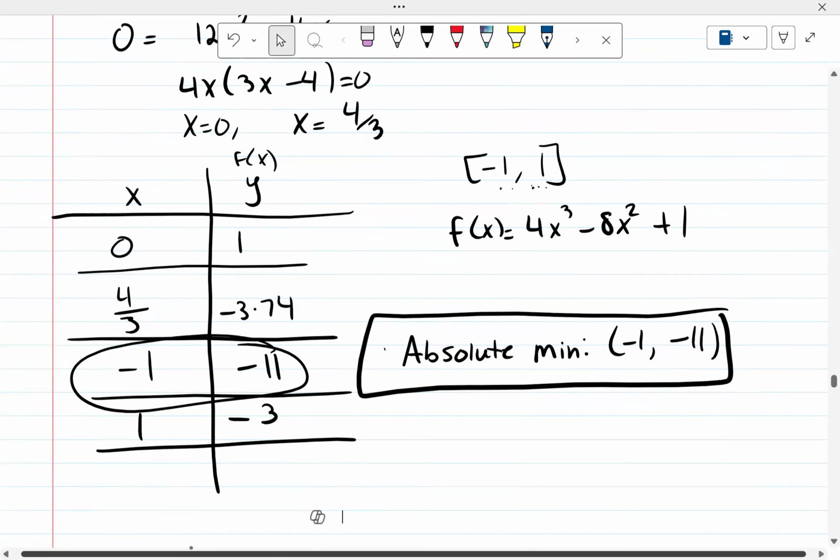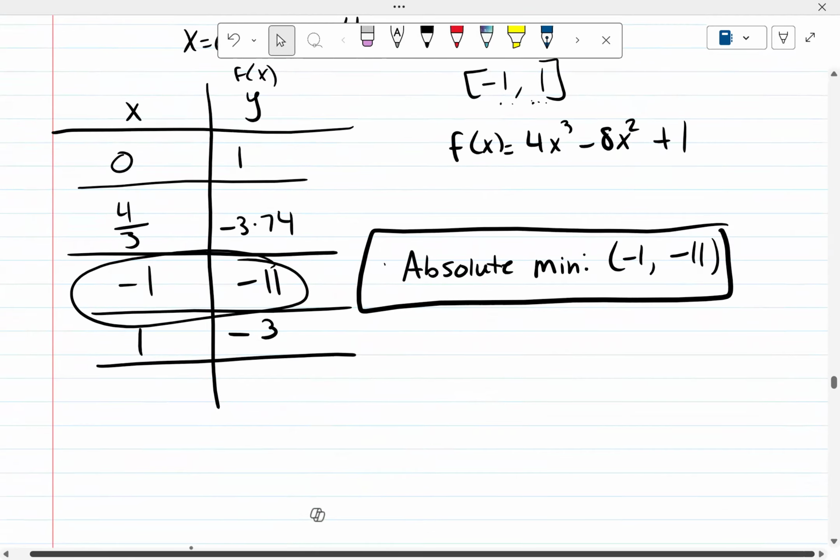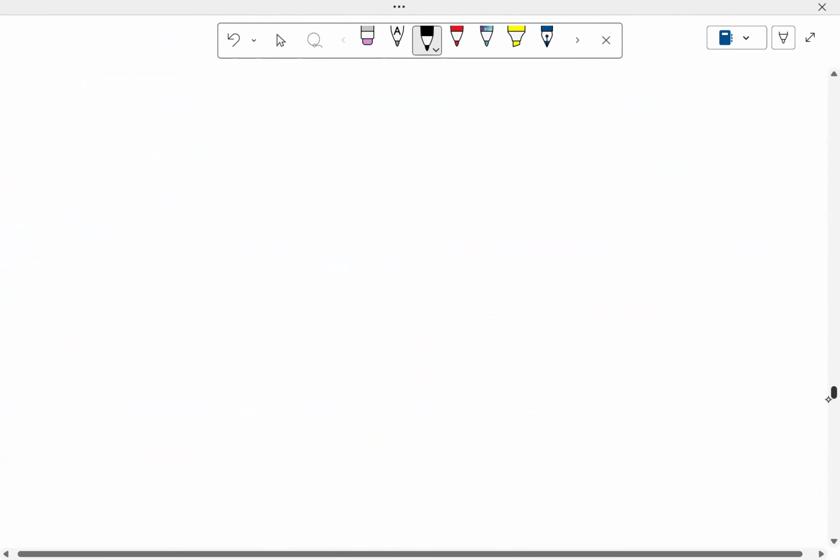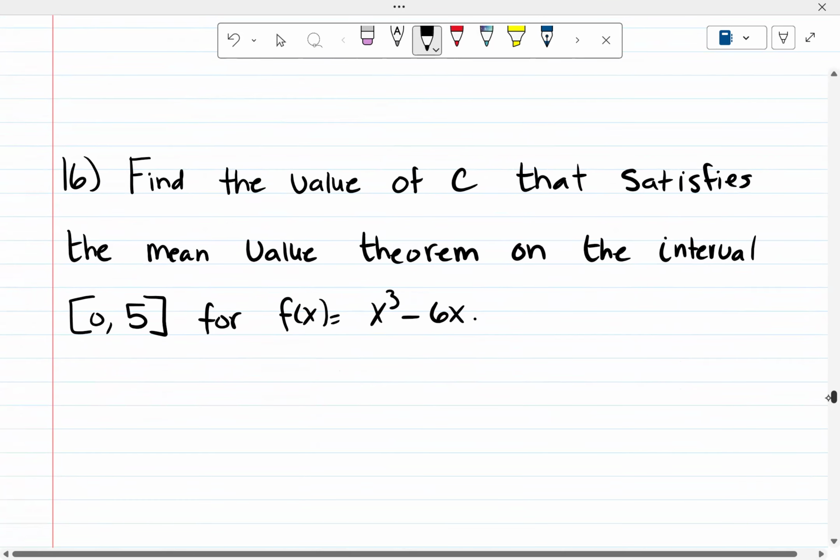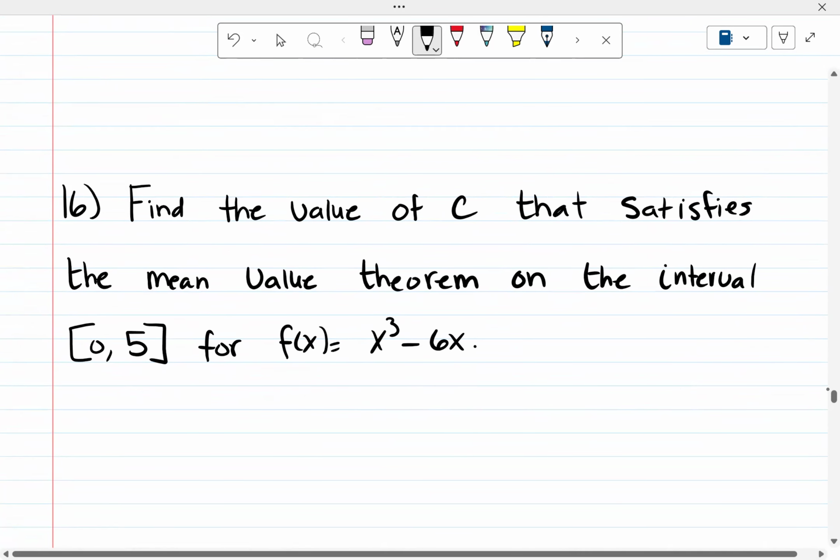Okay, let's move on to 16. 16 says find the value of c that satisfies the mean value theorem on the interval 0 to 5 for the function f of x equals x cubed minus 6x.